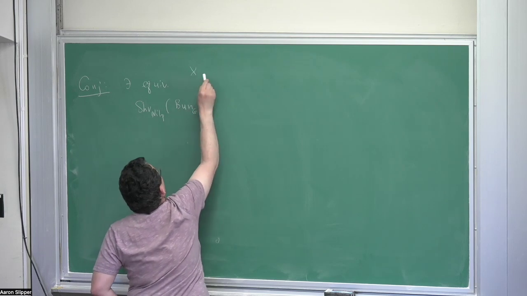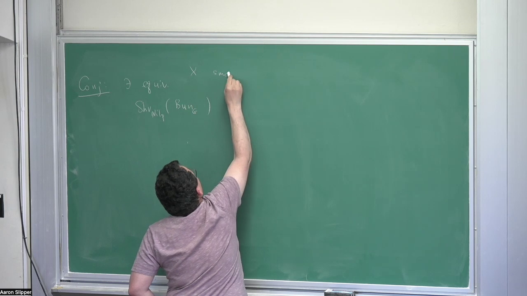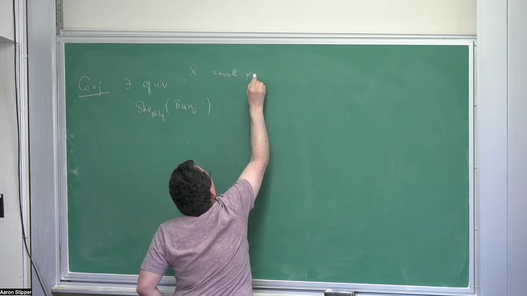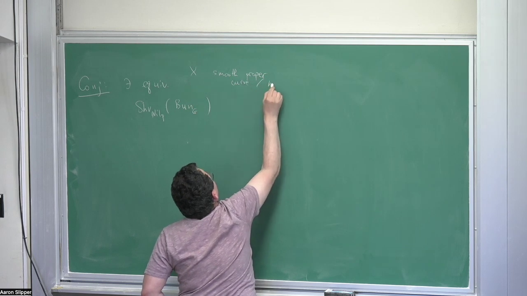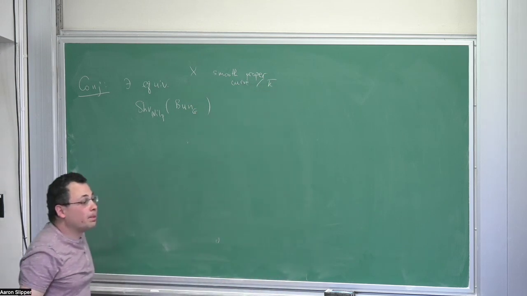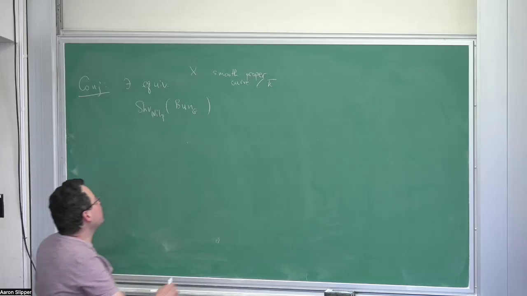Here we say X is a smooth proper curve over an algebraically closed field. So this conjecture takes place importantly over an algebraically closed field.